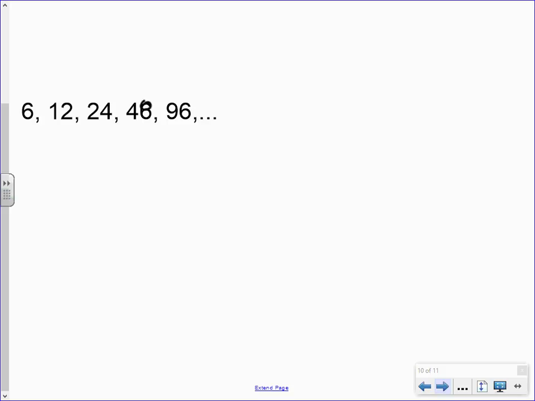What about this series? We already decided that the sequence was 6 times 2 to the n minus 1. If we sum up the infinite sequence, okay, we can't actually do this one.